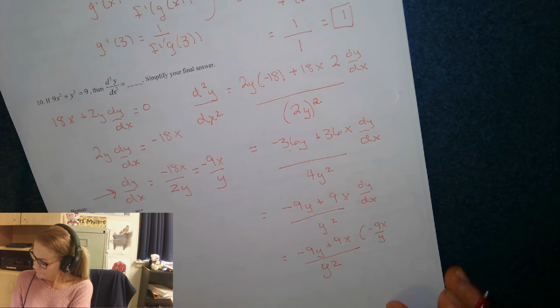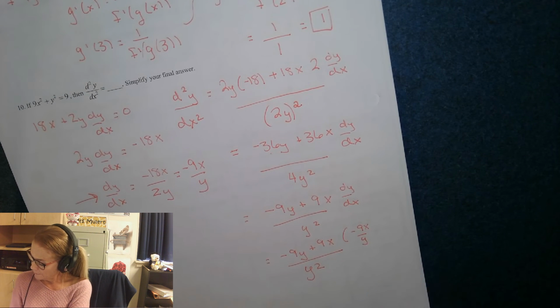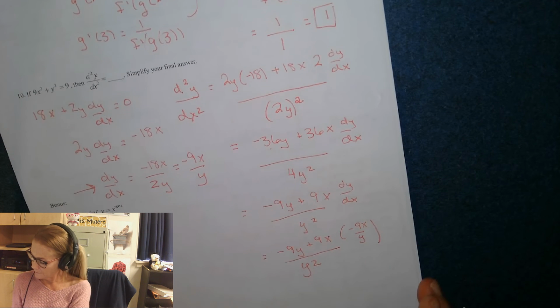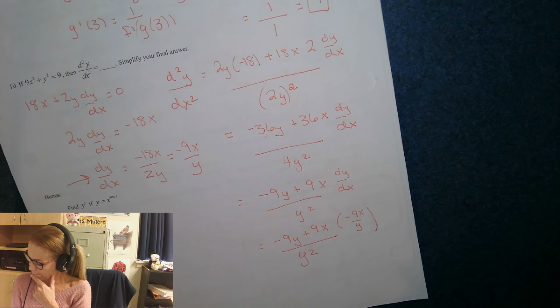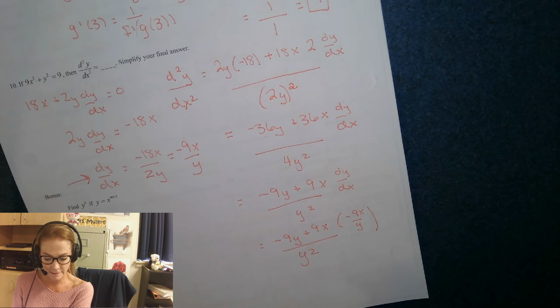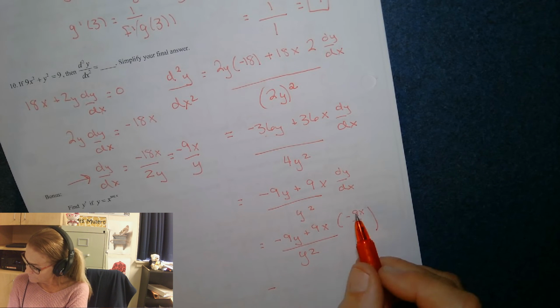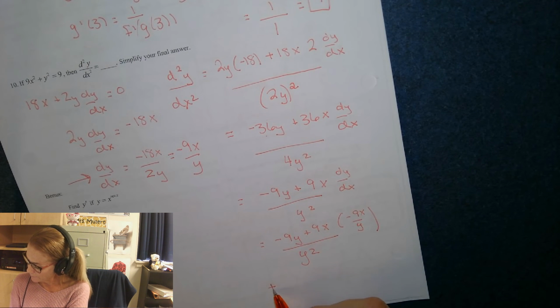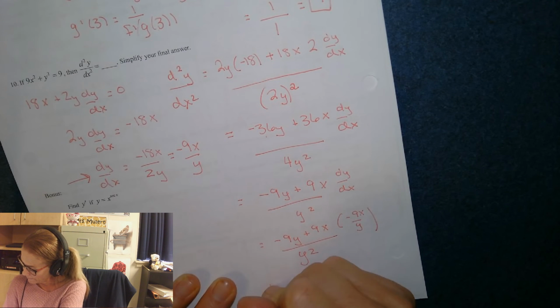All right. So it looks like for a final, we're going to get negative, if this goes in, or sorry, positive, I don't know, let's see, let's get y cubed on the bottom.